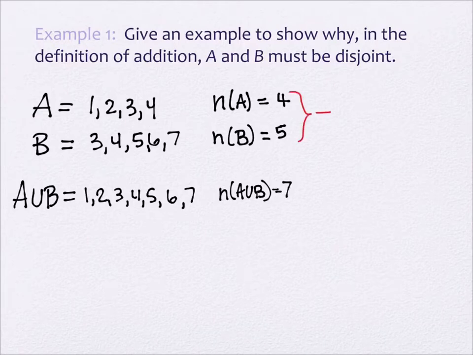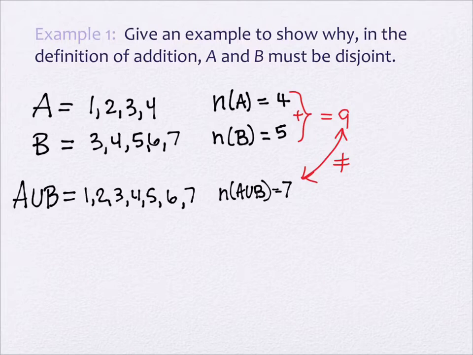And you'll clearly notice that if I add these two together, I get 9, and 9 does not equal 7. Why? Well, because I counted the 3 and the 4 twice. And we talked about this back when we talked about Venn diagrams, but that's what's happening here: I have to have disjoint sets for this description to make any sense.